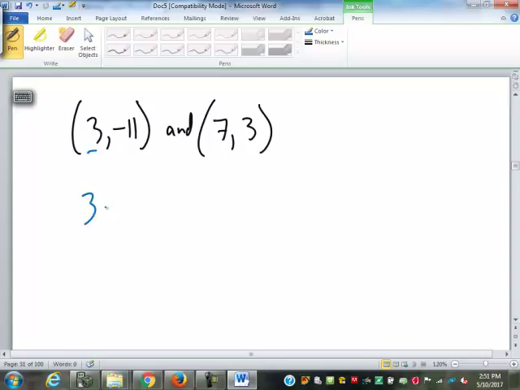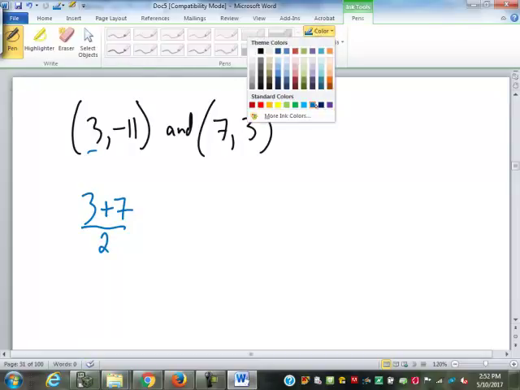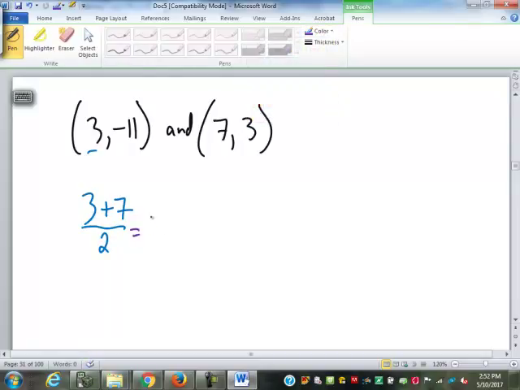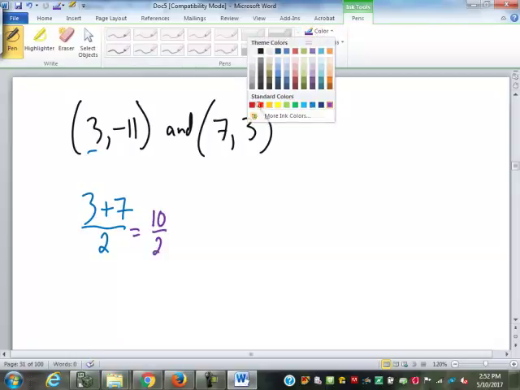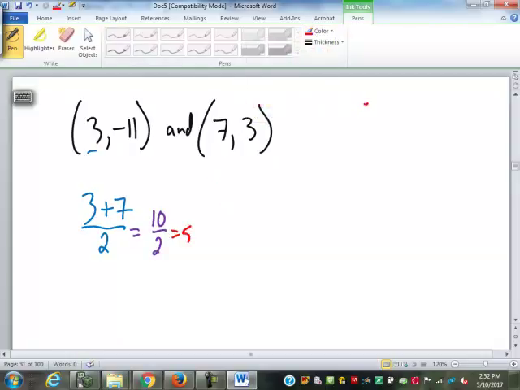Positive 3 plus 7, divide by 2. Good. So 3 plus 7 is 10. Divide by 2 is 5. Wonderful. So the x-coordinate of our midpoint is 5.